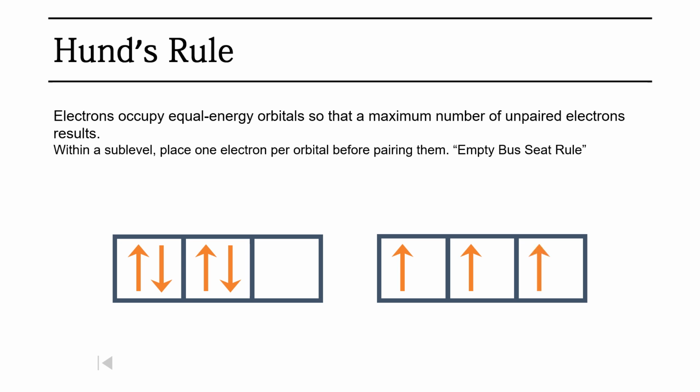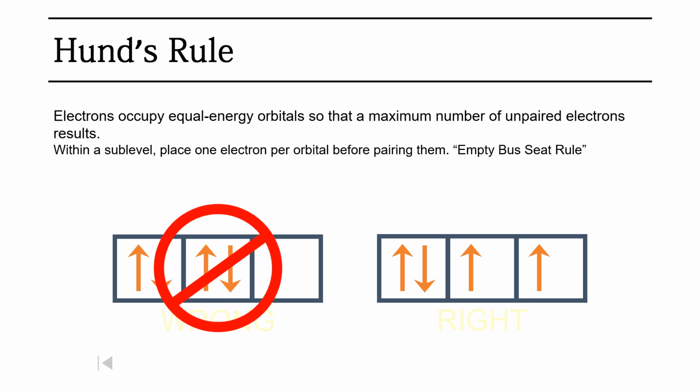First it fills the single spin level. After filling all the single spin parts, it starts to fill the other spin side. So the first pattern is the wrong filling method and the second one is the right one.